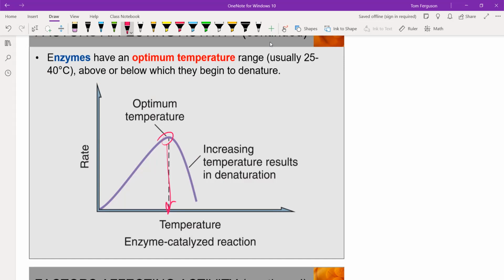Okay, the active site conformation is directly related to optimum temperature.